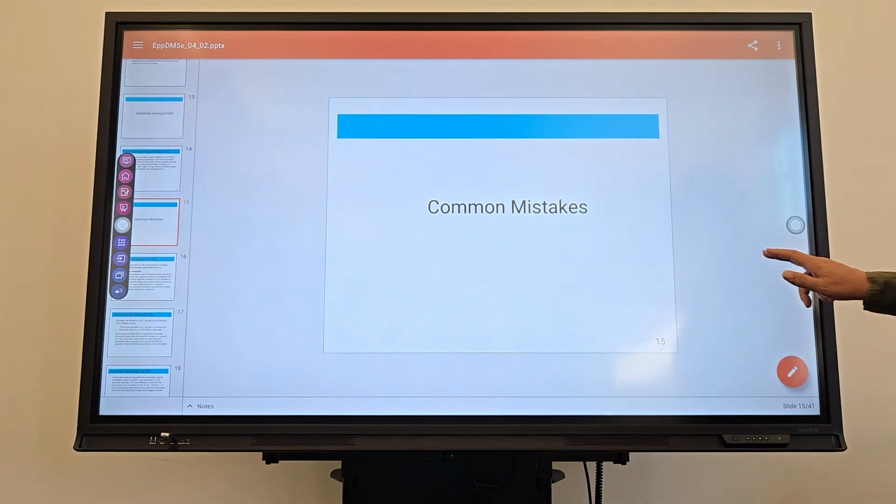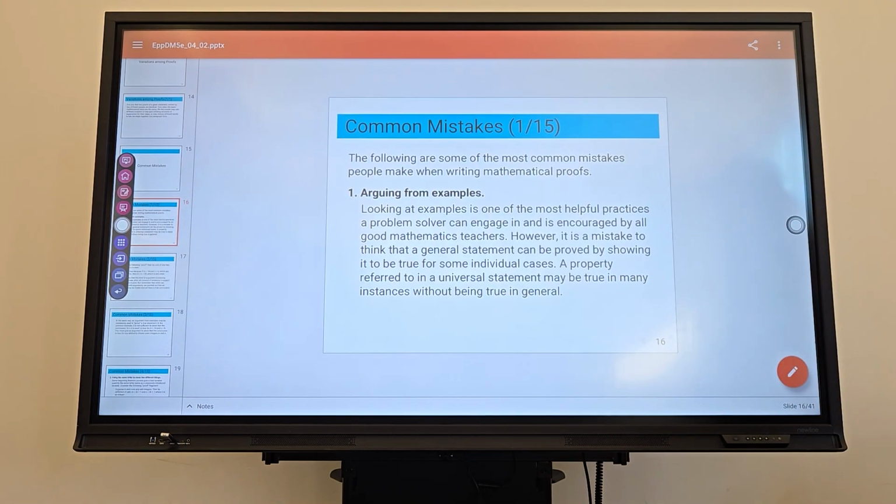Common mistakes. The following are some of the most common mistakes people make when writing mathematical proofs. Arguing from examples. Just because something is true with a few examples doesn't mean it's true in general.